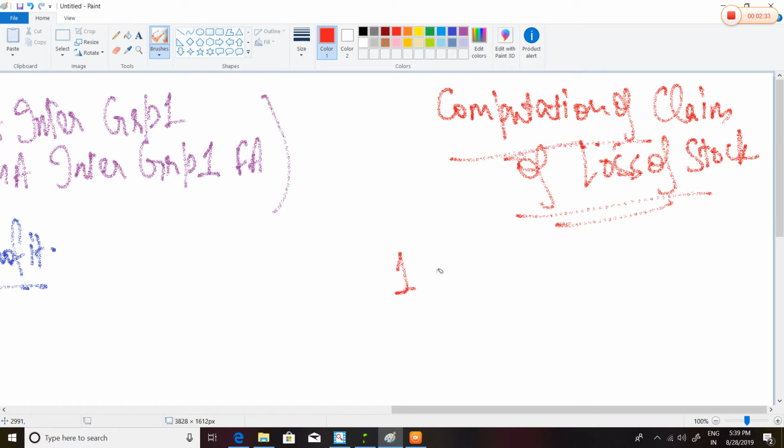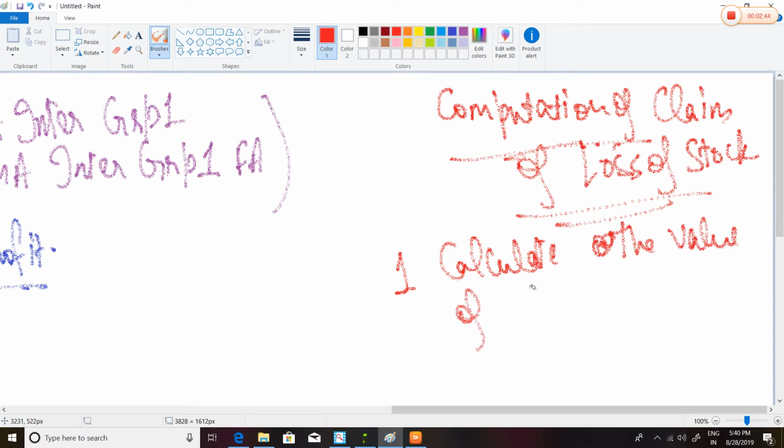Firstly, we have to calculate the value of stock on the date of fire. What we call is closing stock as on the date of fire, the stock which was remaining with the organization.